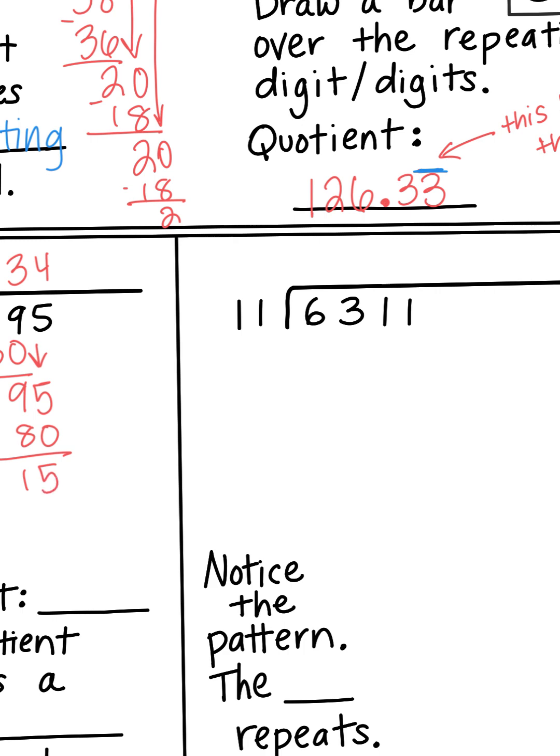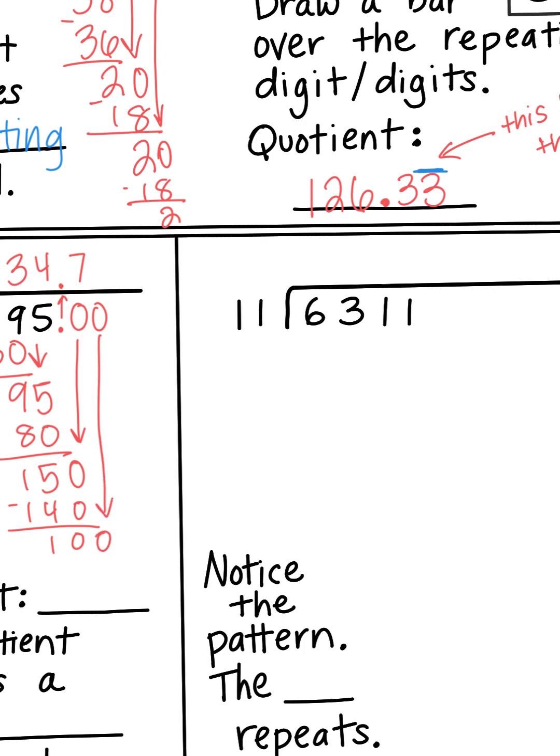Now, what do I add? I add the decimal, and I pop it to the top. And what else do I add? 0. And now I can bring it down. 20 goes into 150 7 times. It's 140. And I have 10. I still have a remainder, so what do I have to add? A 0 to bring down.